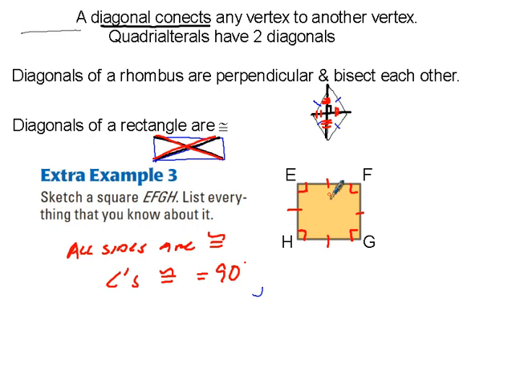Well, a square is a special rhombus and a special rectangle, therefore the diagonals are congruent. We know diagonals bisect each other.